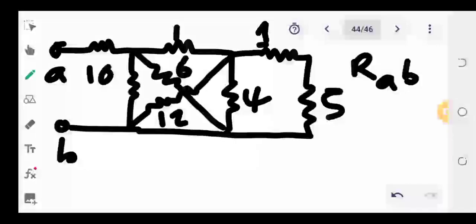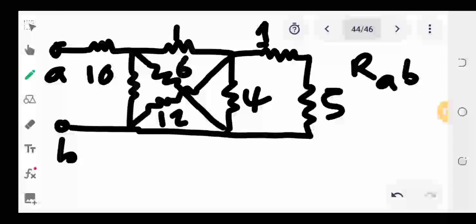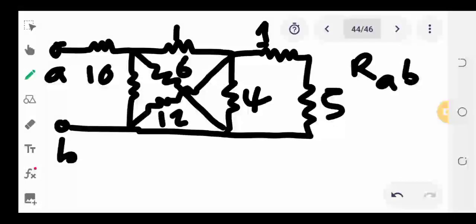So in this case, I want to remind you that two resistors are in series when they share a single node.